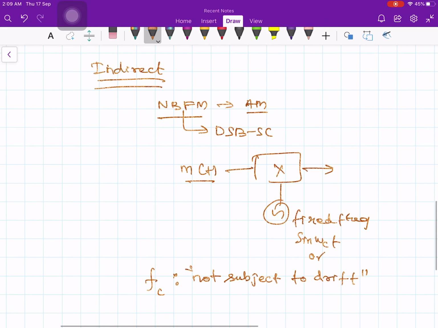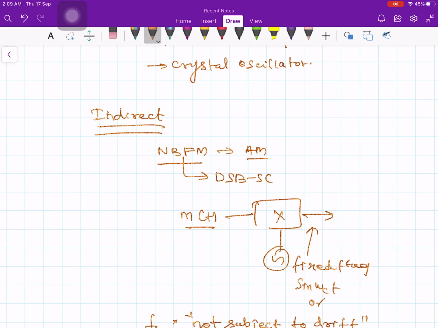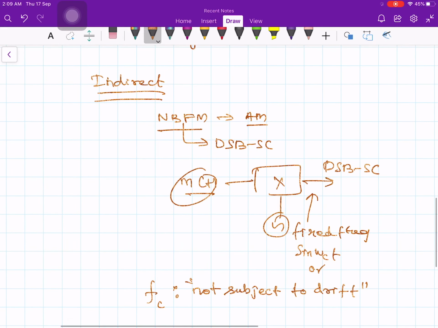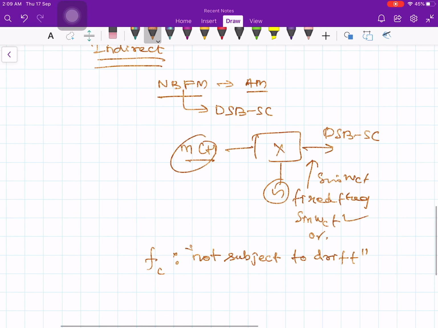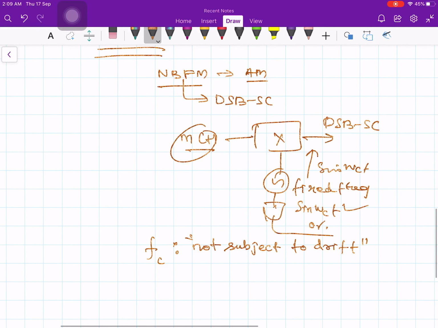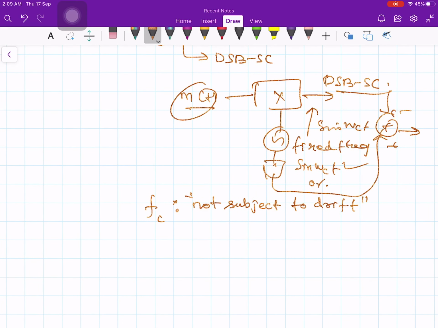After that, you just multiply this frequency with m of t, and you'll get a DSB-SC. So instead of cosine omega ct, you start with sine omega ct, and then you put a 90-degree phase shift, and whatever you get here, you put a plus mark, and this one is minus and this one is plus, and you'll get the narrowband FM. So you are not doing any further generation of the center frequency. Once you produce a center frequency, that is fixed. That is the main advantage of your indirect FM.